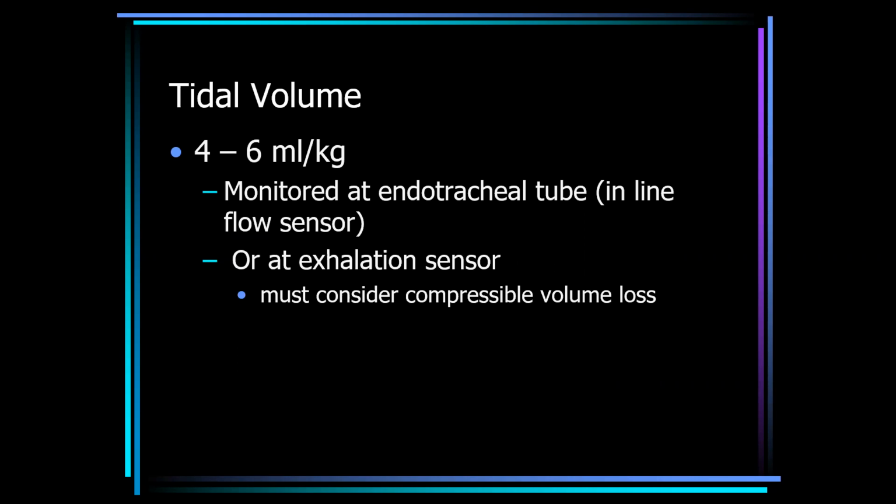So to get 4 to 6 mLs per kilogram, you need to be monitoring at the endotracheal tube with an inline flow sensor. If you monitor your tidal volume at the exhalation port, then you must consider compressible volume loss. And that's the volume that stays in the circuit during inspiration, but it still shows up on exhalation.